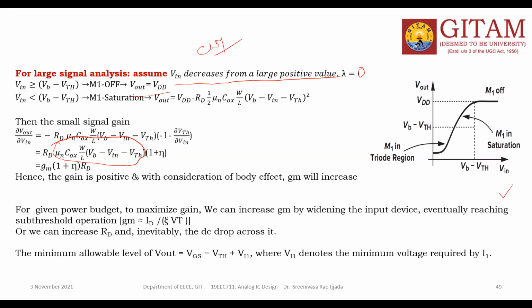I1 is nothing but the bias current, which makes the device carry some current to keep it in some region of operation. How much minimum voltage is required to flow I1? That is called the minimum voltage required by I1.